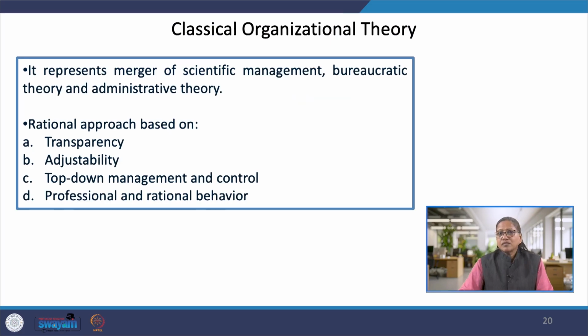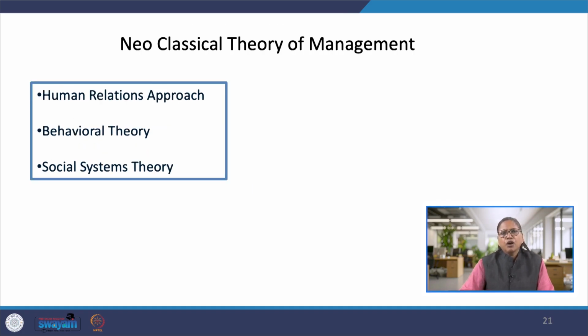Classical theory was developed in the first half of the 20th century and represents a merger of scientific management, bureaucratic theory and administrative theory. It is rigid and mechanistic. The rational approach is based on transparency, adjustability, top-down management and control, and professional and rational behavior without disruptive emotional relationships.